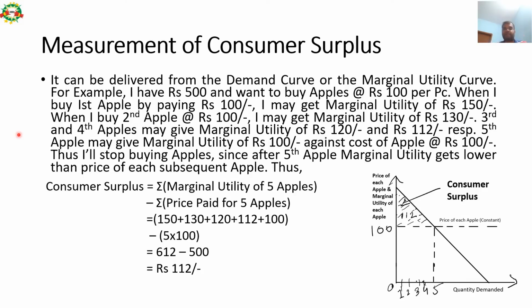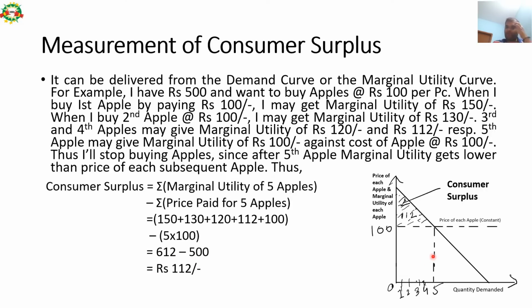Here, the marginal utility I get from these 5 apples is 150 rupees from the first, 130 from the second, 120 from the third, 112 from the fourth, and 100 rupees from the fifth apple. To purchase 5 apples, I need to spend 5 into 100, that is 500 rupees. So 612 minus 500 is equal to 112 rupees, which is my consumer surplus.